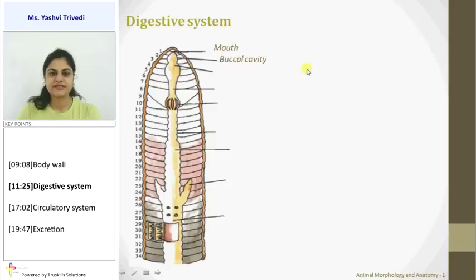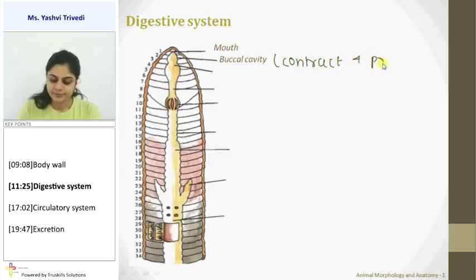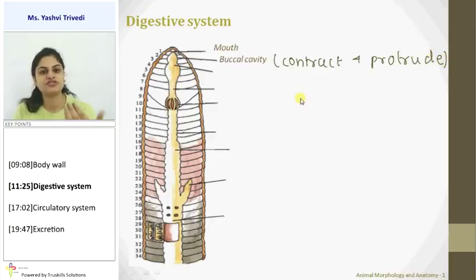The buccal cavity is attached to the body wall with the help of circular muscles, and these circular muscles will contract and protrude the buccal cavity outside, and by that the buccal cavity will grab the food and come back into the body. So this is how they work.